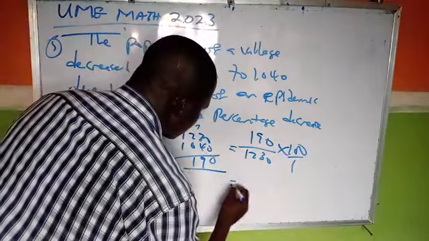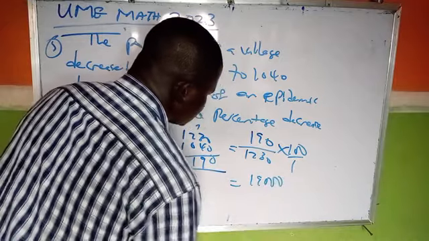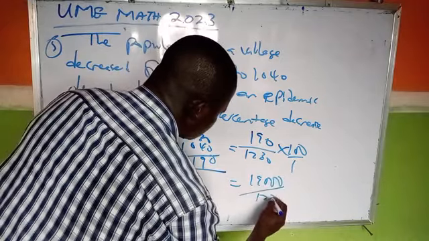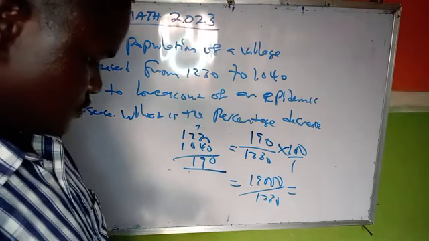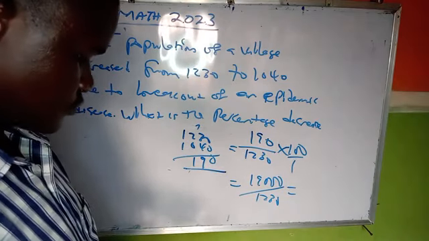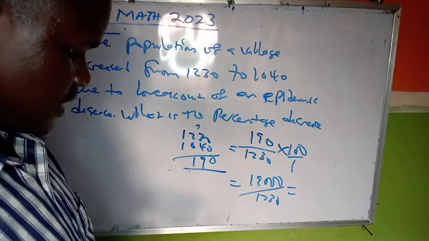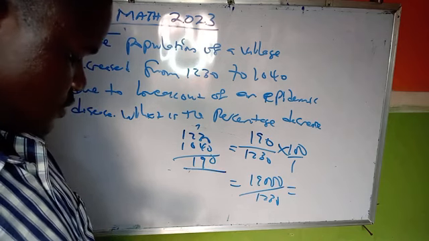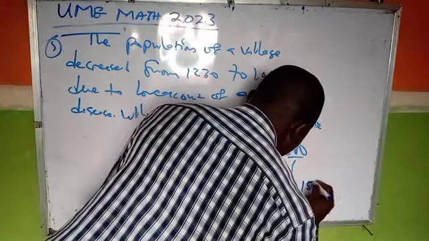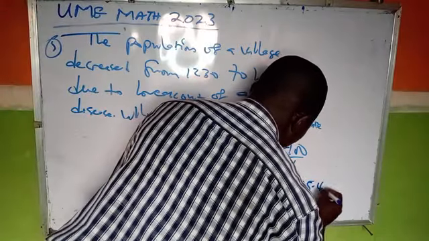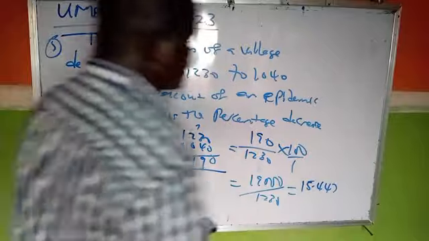So that is it. This one will be 19,000 divided by 1230 equal to. So that's what we are going to do. 1900 divided by 1230. So your answer is 15.447 approximately.